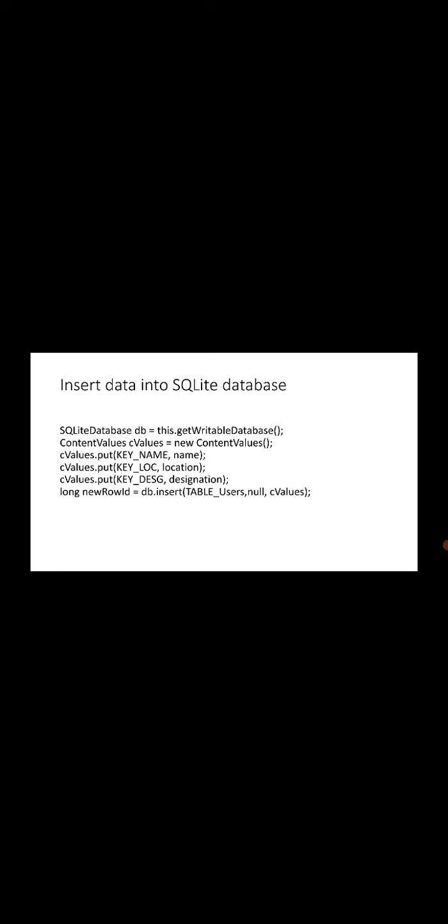Next line, we are creating the object called cValues of the content values class, and with the help of the put method from the content values, we are inserting the records into the SQLite database, that is key name, key location, the value of location, key designation, the specified value for the designation.